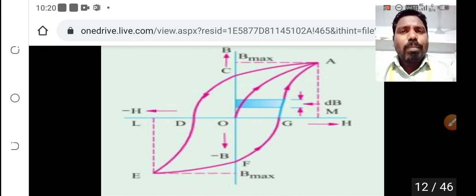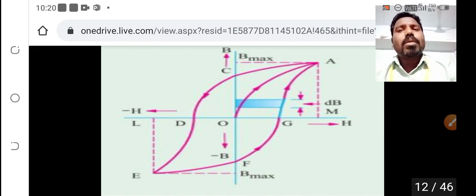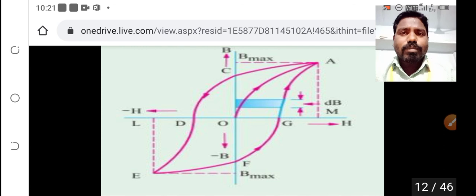Instead of going to 0, B has a certain definite value, meaning it retains a little amount of magnetic property. Even if you reduce the magnetizing force or H value to 0, it still has a little magnetic nature, and that is called retentivity.